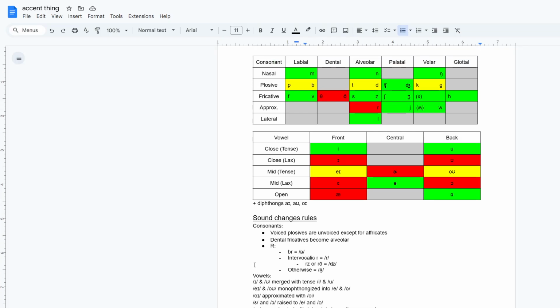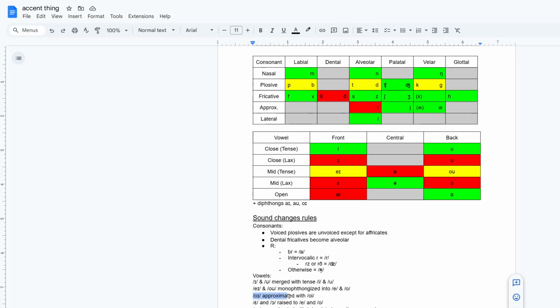And then okay, the vowels. So I and get merged with the tense, so those become e and u always. And then, like I was talking about earlier, a and o become e and o, which yeah, that's just like in a lot of dialects that happens.